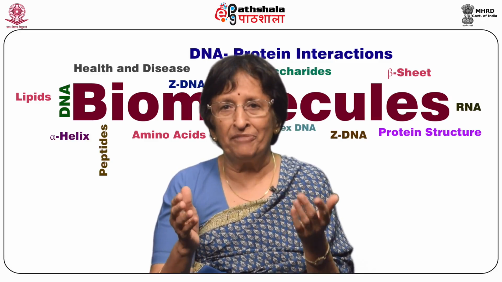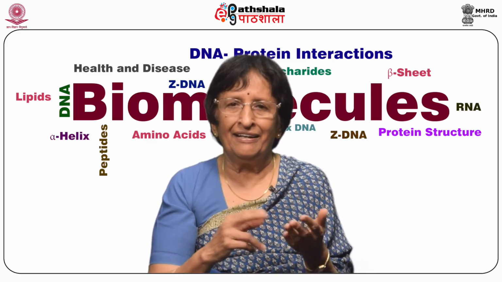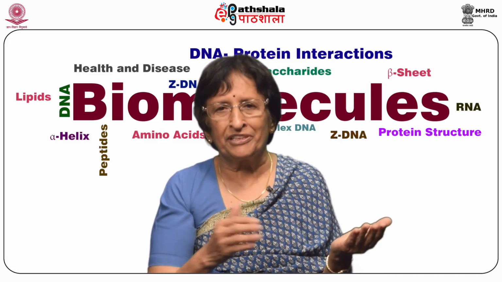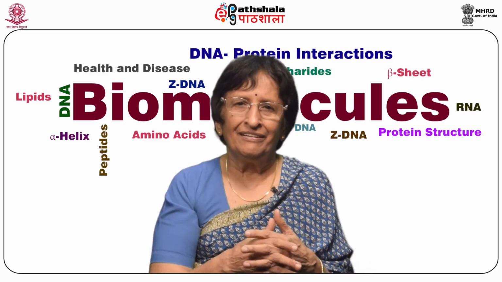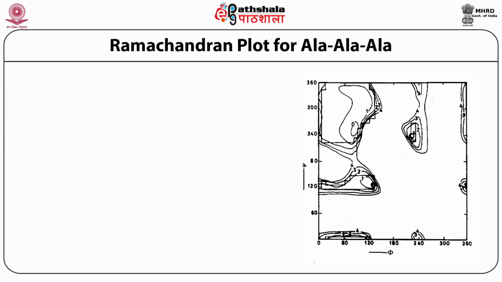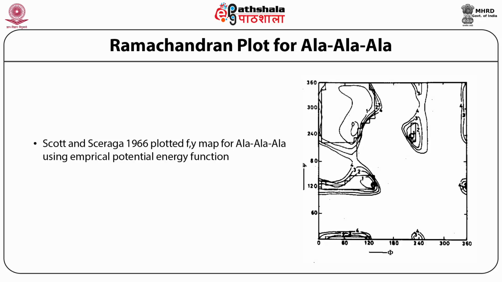They gave a conformation map for alanine, the same one which Professor Ramachandran plotted. Ramachandran plot for alanine: Scott and Scheraga in the year 1966 plotted a phi-psi map for alanine using the empirical potential energy function described earlier.